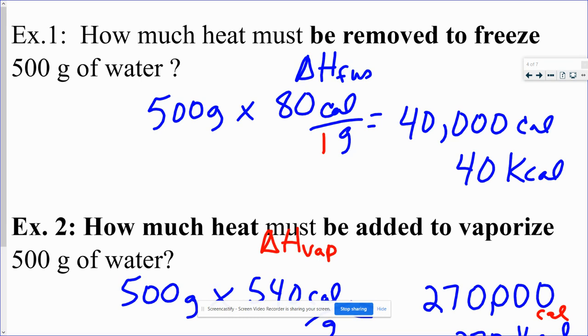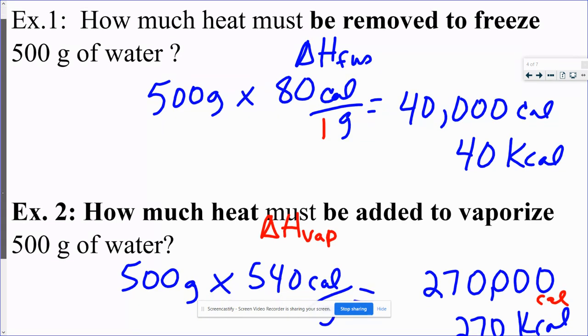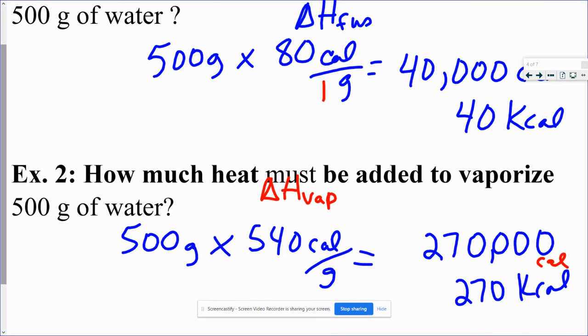Example 2: how much heat must be added to vaporize 500 grams of water? In that case, the heat of vaporization is 540 calories per 1 gram. So we would multiply 500 times 540, and we would get 270,000 calories to vaporize 500 grams of water.